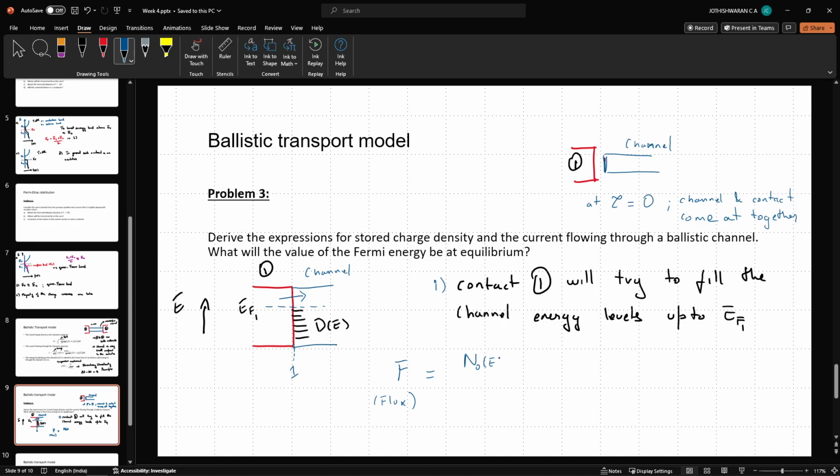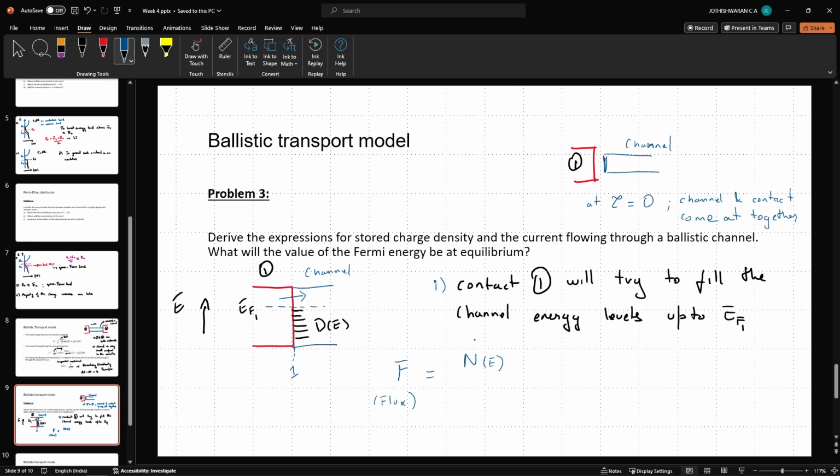So initially, N naught at a certain energy E. The filling of the energies will depend on how many electrons at the same energy are present here. So let me call it N of E, because N of E is on the contact side.